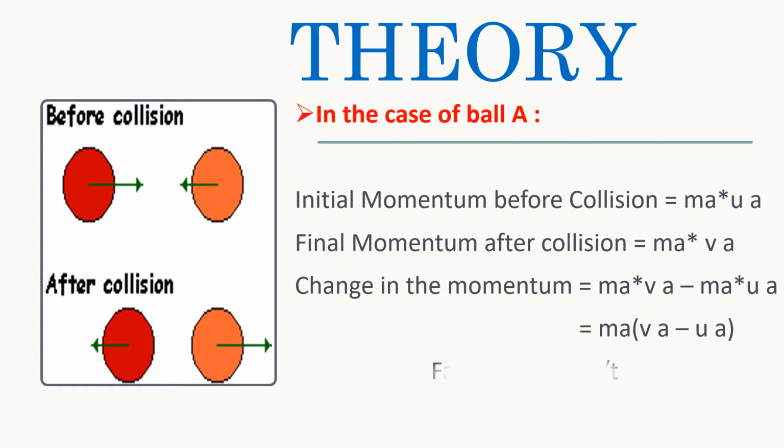The change of momentum we had already calculated in the above equation, that is ma multiplied by the whole bracket va minus ua, and it is divided by t, because we are considering the rate of change of momentum.